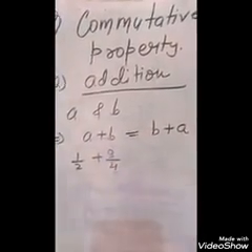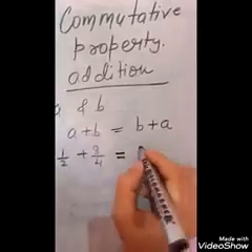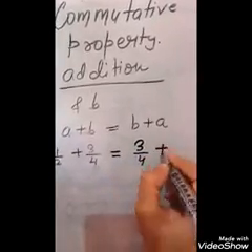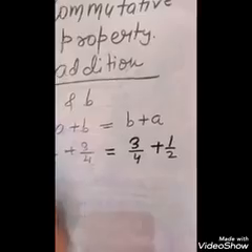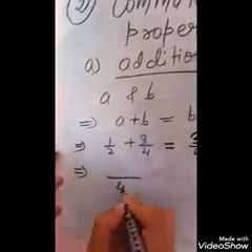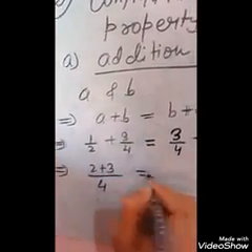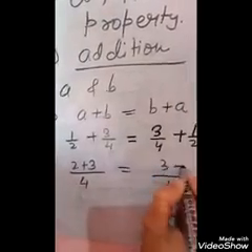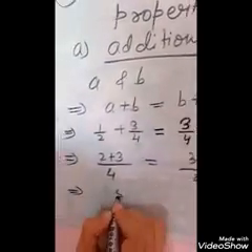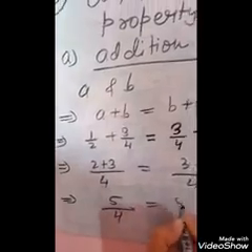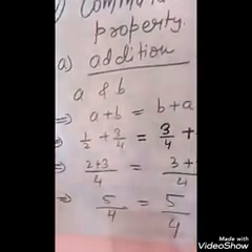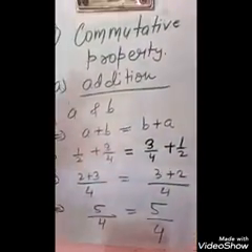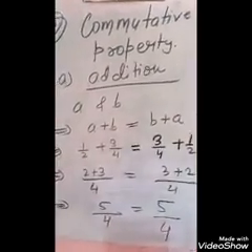These two are rational numbers. Now on the right hand side, 3 by 4 plus 1 by 2. See the results. Both sides, the answers are the same. So we can say that for addition, the commutative property is followed by rational numbers.